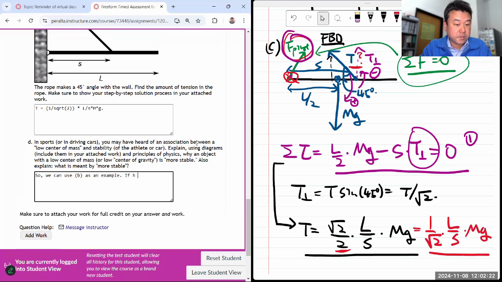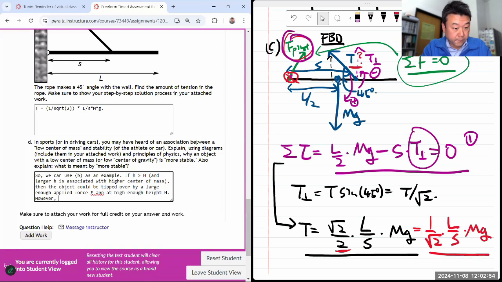If h is greater than the capital H, where larger H is associated with a higher center of mass, then the object could be tipped over by a large enough applied force F at high enough height.